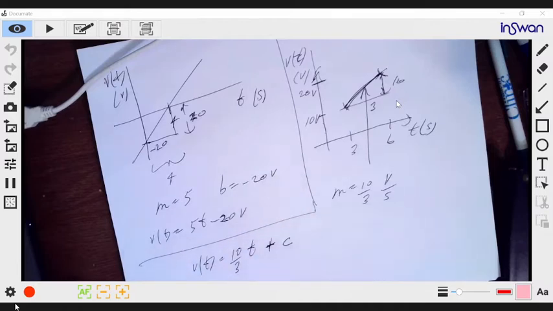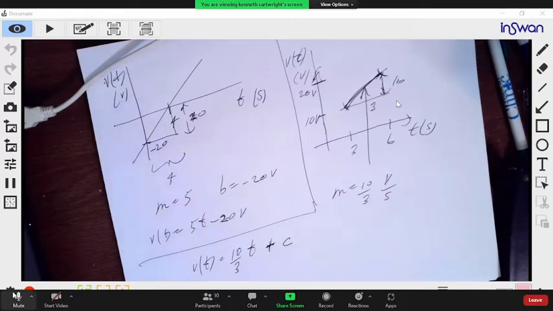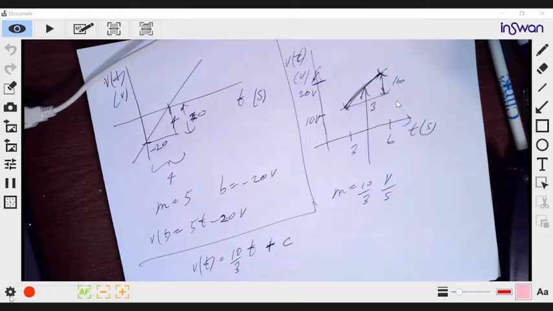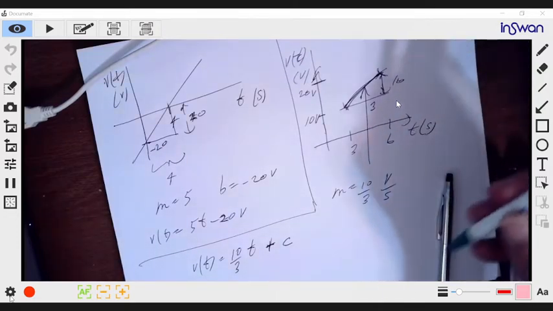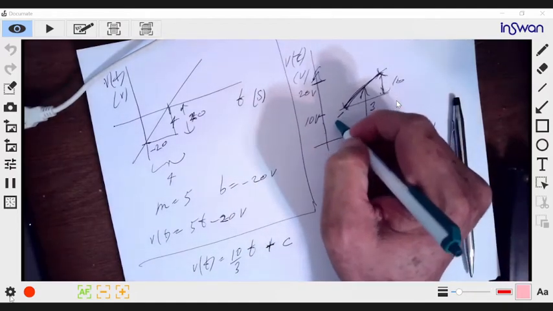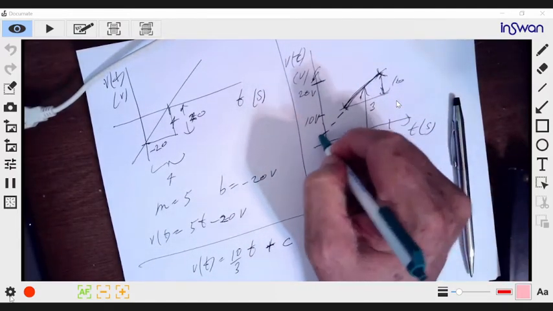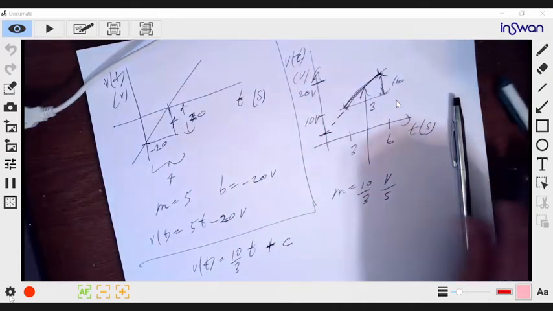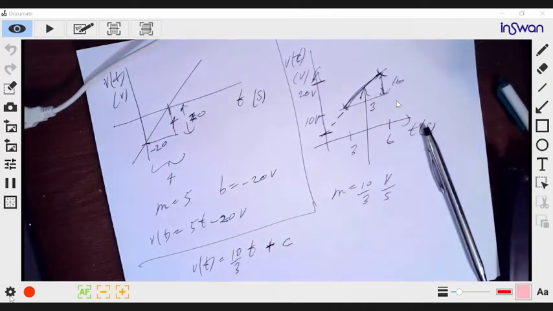So how are we going to find c? C is the y-intercept. If you extend this line, there's an intercept down there somewhere.